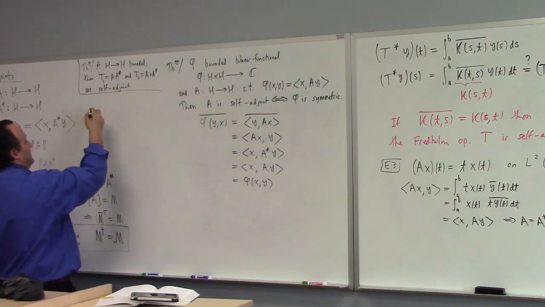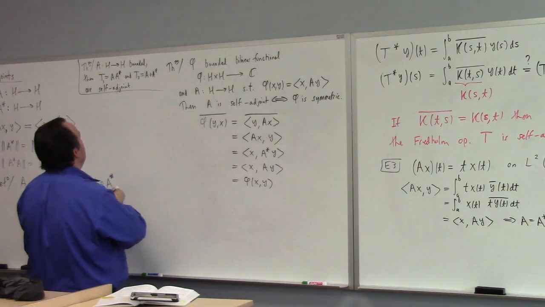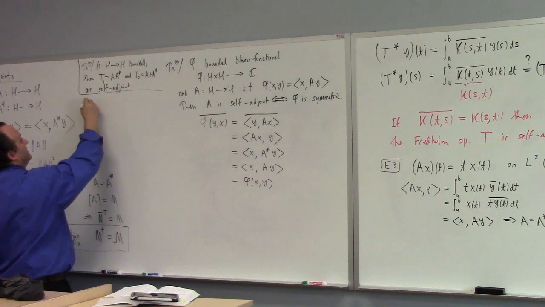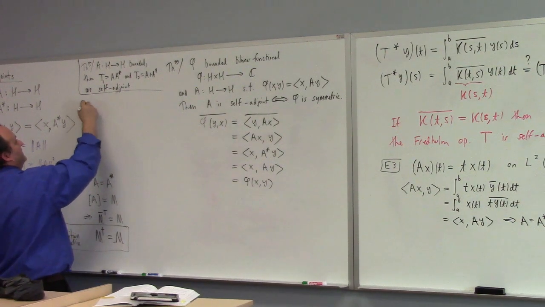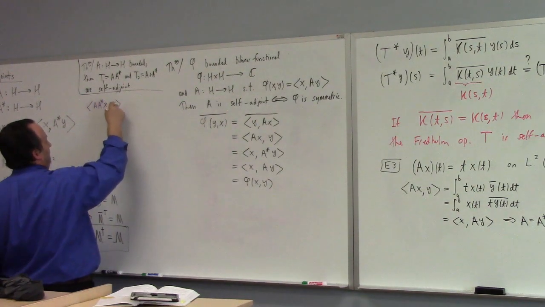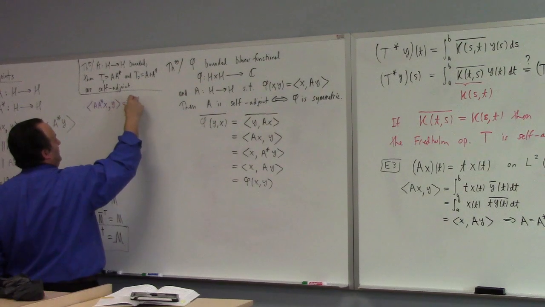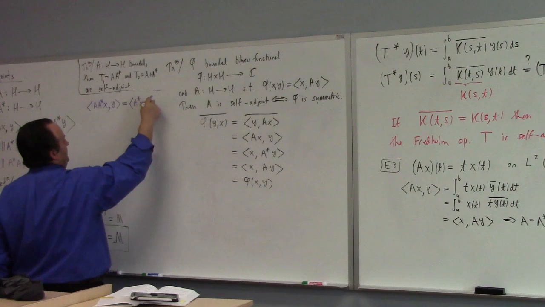So, I mean, the proofs of these things are fun. If we do, let's say, A star A x with y, then that is A x with A y by definition of the adjoint.